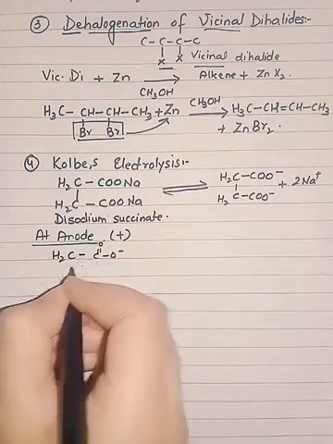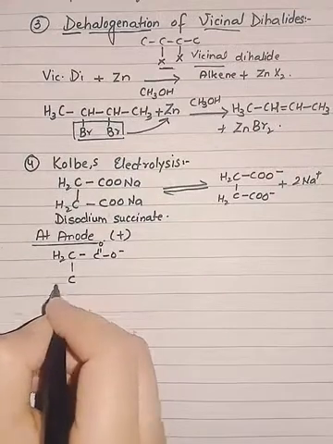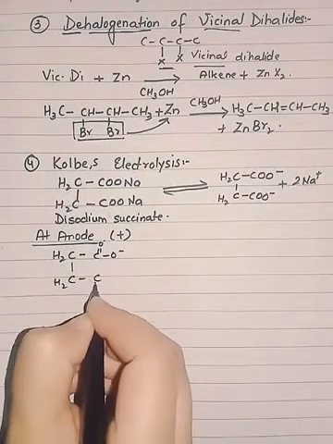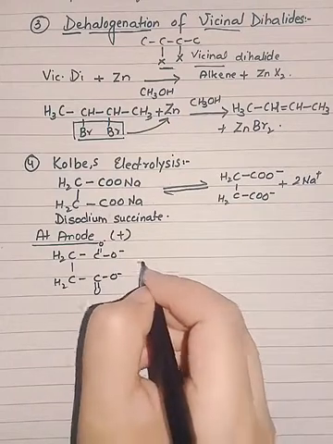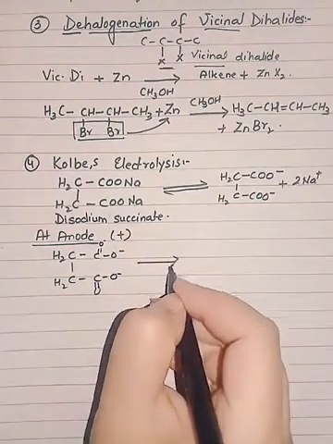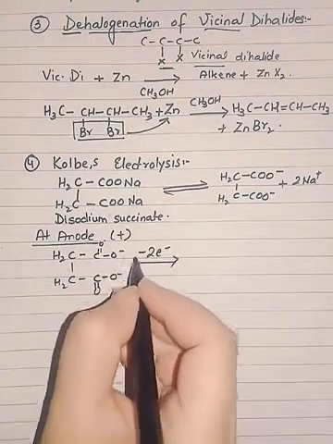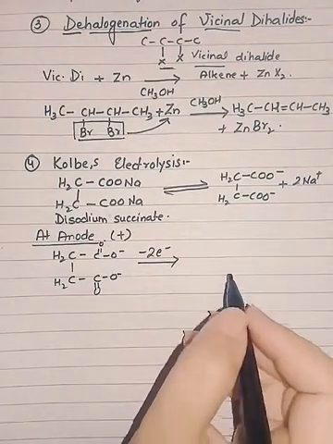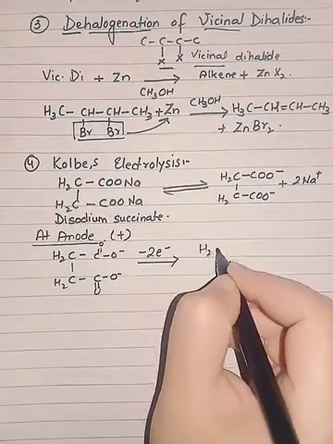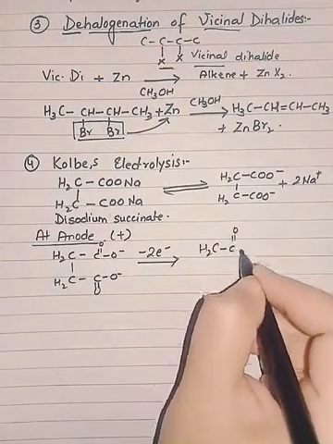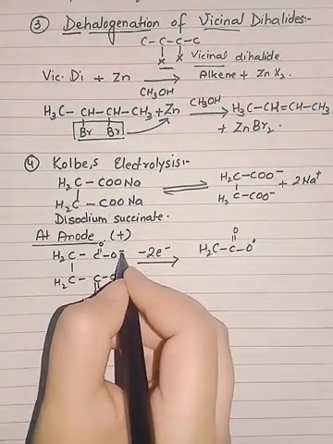Now I have opened this structure here, just so that understanding is easy. This will give its 2 electrons, meaning 2 electrons will be removed and it will become the radical. Oxygen has an additional negative charge.